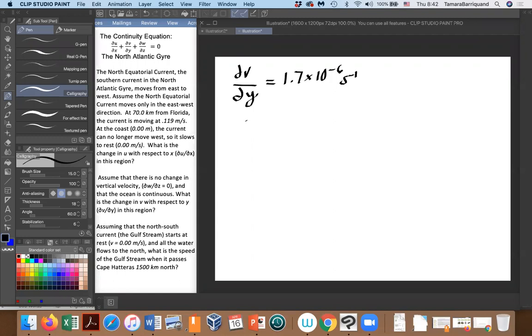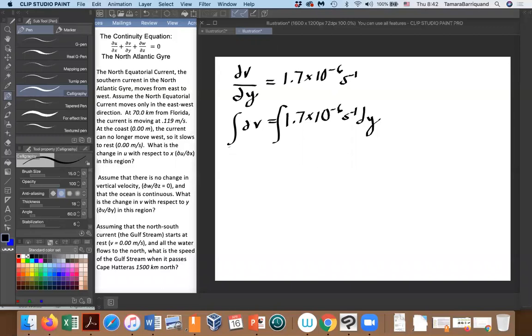So right here, I have my dv is equal to this constant 1.7 times 10 to the minus 6 per second times dy. And now I have dv on this side, dy on that side. I want to get v, so I'm going to integrate both sides of the equation. Now we're going to be going from the same point to the same point.